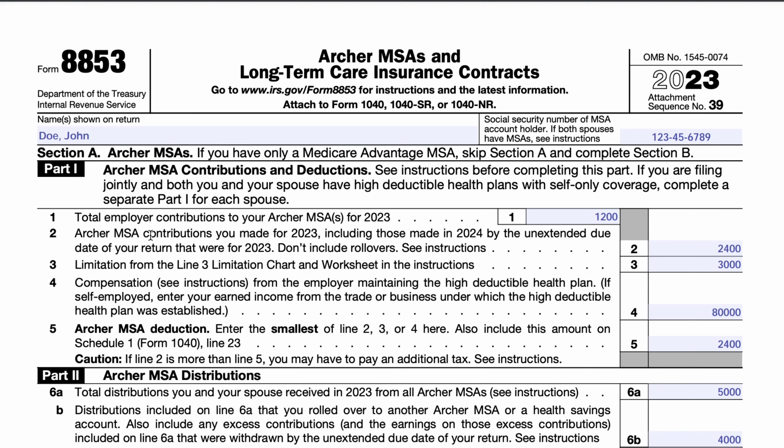So real quick, I want to circle back to the employer contributions before we move on to part 2. If you're curious, and I have had this question in previous videos, if you're curious as to where this number comes from, you would find it on your Form W-2, Box 12, with the code R, and that signifies that it's an Archer MSA contribution.